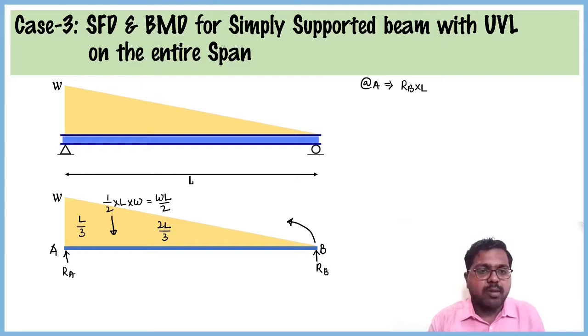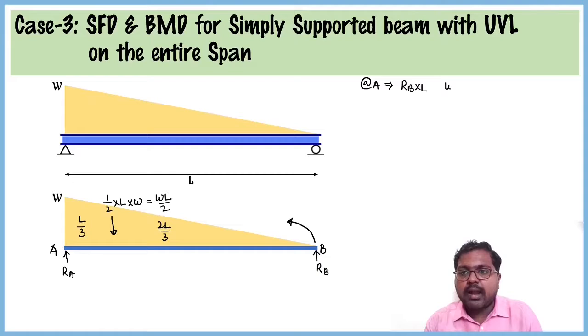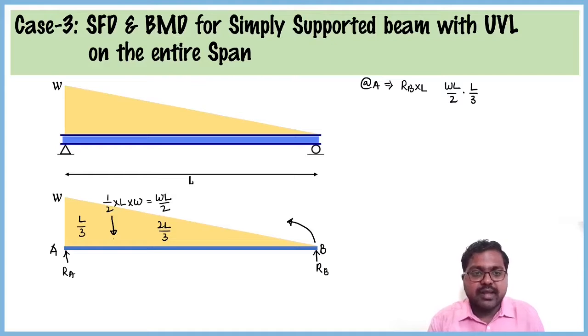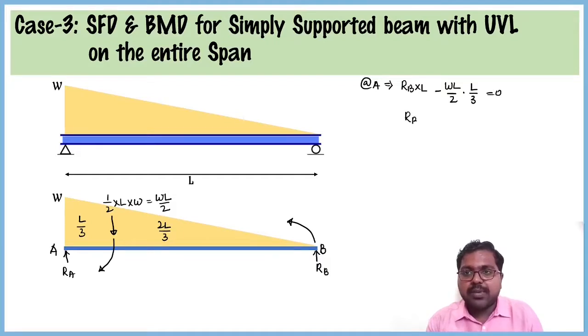The total load WL by 2 is acting here, so WL by 2 into L by 3, and this load is creating a clockwise moment, which is negative, and the sum will be equal to 0. So we will get RB equal to WL by 6.